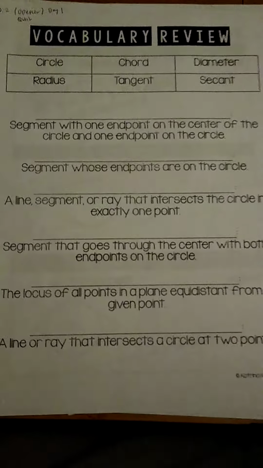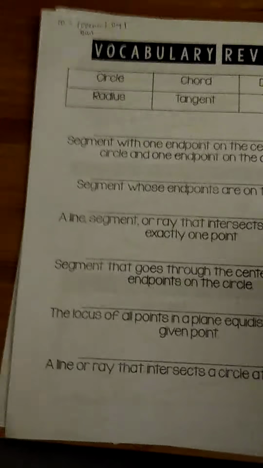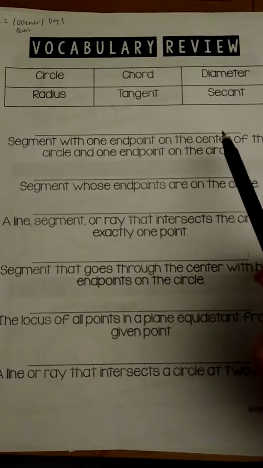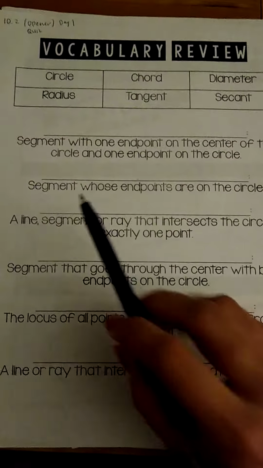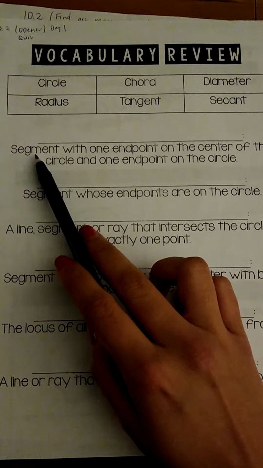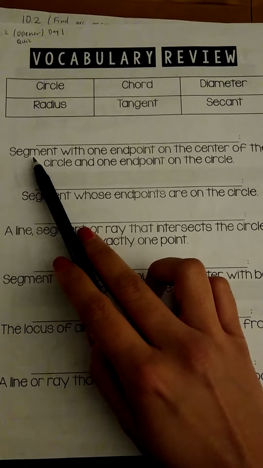So hopefully you've tried to do these on your own. The very first one that we're going to go over is this one right here. We have a segment with one endpoint on the center of the circle and one endpoint on the circle. Remember that a segment means that it's ending, right? It has two endpoints. It's not a line, it's two endpoints.